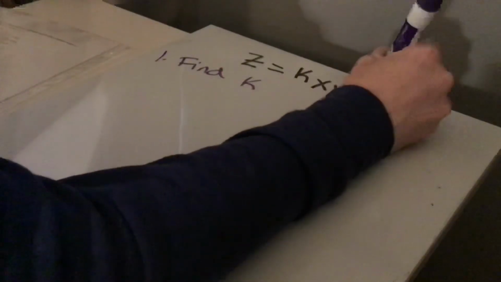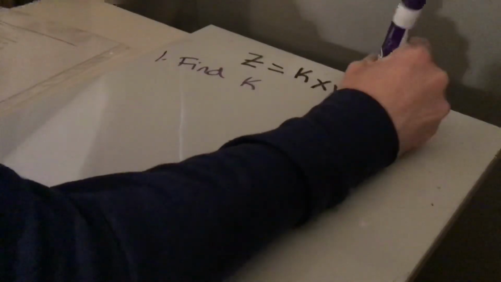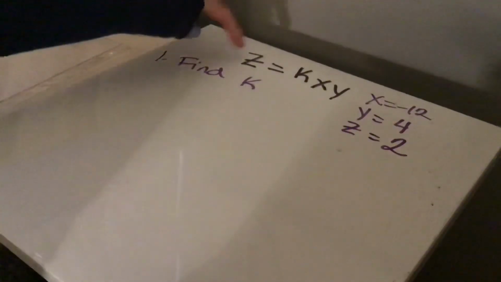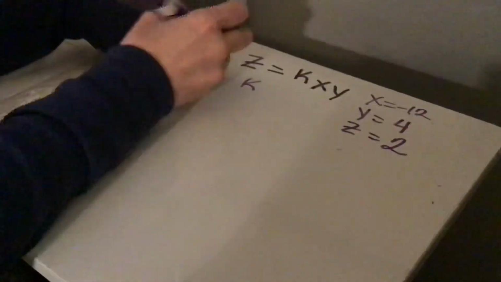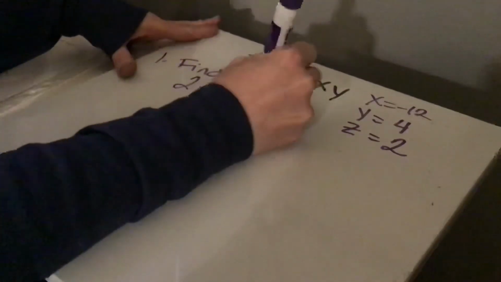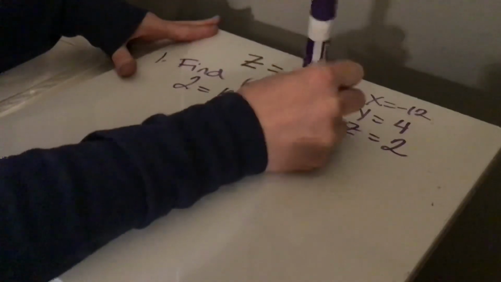They tell us that when x is -12, y is 4, and z is 2. So first we are going to find k. We know they vary jointly, and then we're going to plug in these values for x, y, and z. So 2 equals k times -12 times 4.